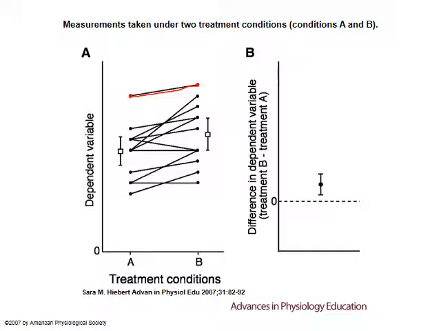Now, if you did a 2-sample t-test or an independent sample t-test between these 2 conditions, it would just take an average of all the individuals for treatment A, and that's shown here with the error bars.